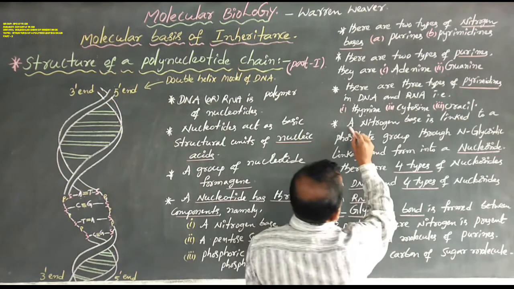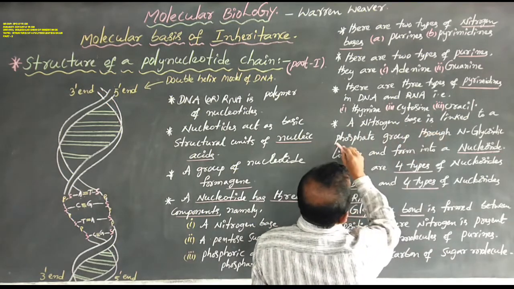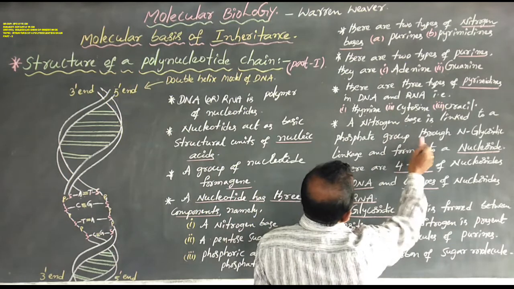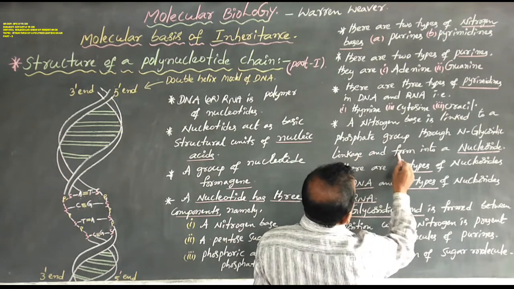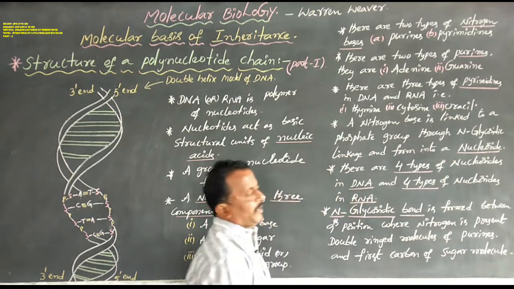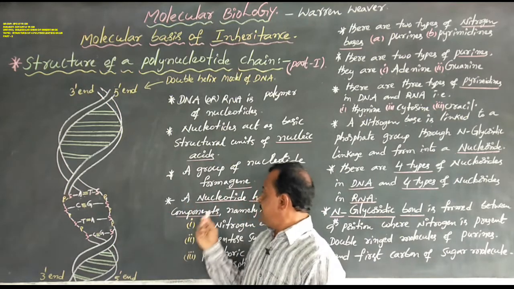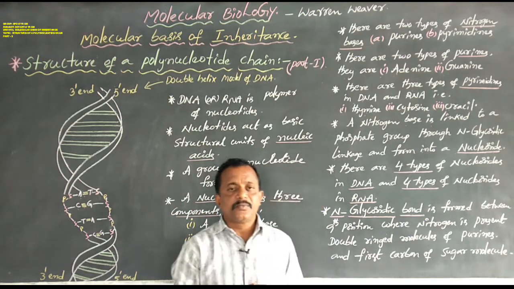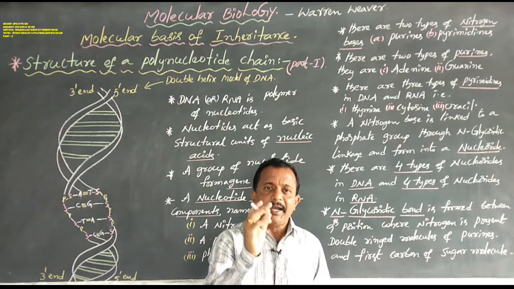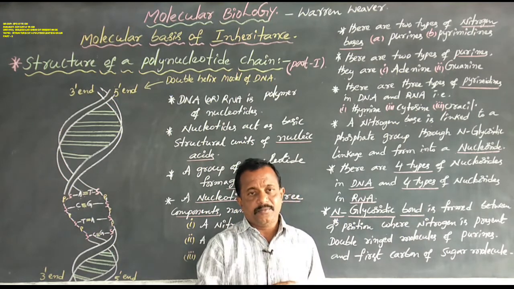Next, a nitrogen base is linked to a pentose sugar through N-glycosidic linkage and forms a nucleoside. This is a nucleotide and a nucleoside.